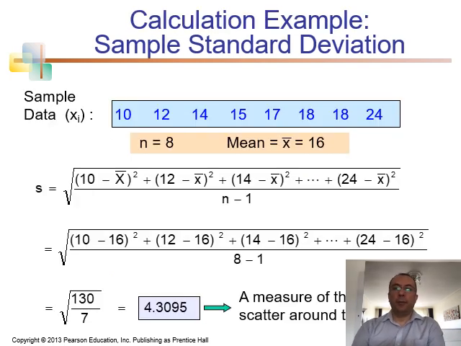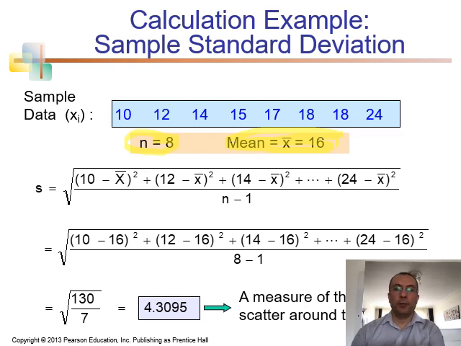Now here's an example of how to calculate standard deviation. The first step is to look at the data. We have 1, 2, 3, 4, 5, 6, 7, 8 observations. So our sample size is 8. Now you add up all the data, divide by the sample size, and that will give you the mean. And the mean is 16.